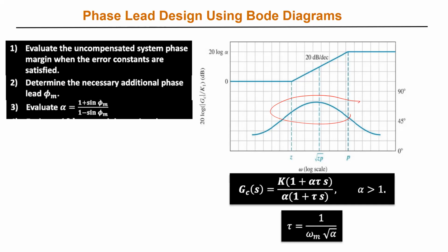Remember, we said this happens at this point, which is basically halfway. So this is the 10 log alpha.